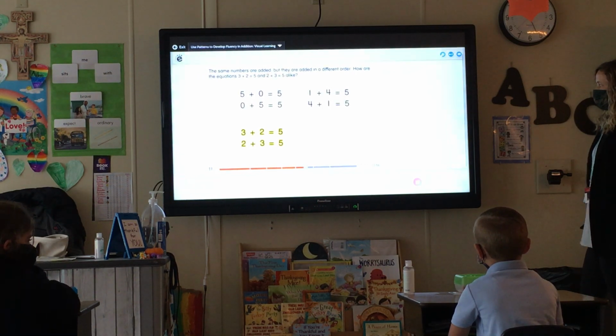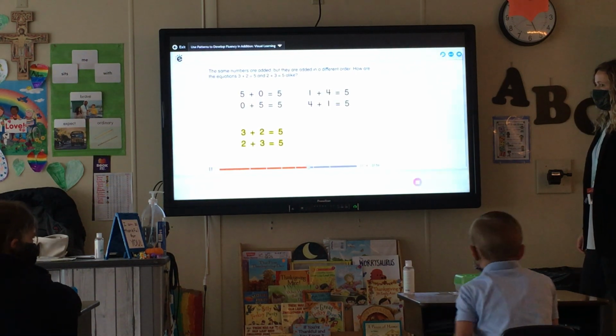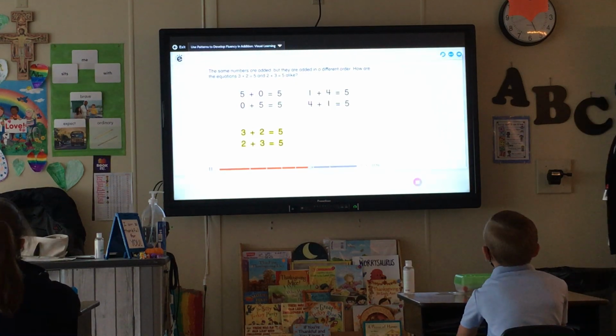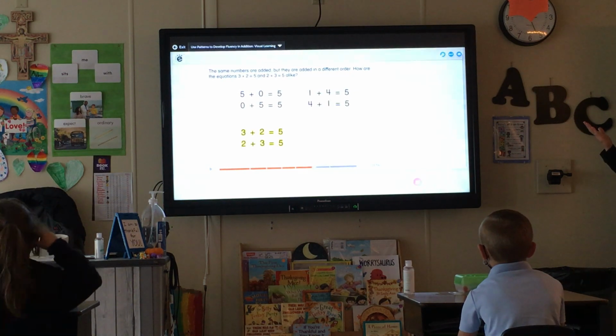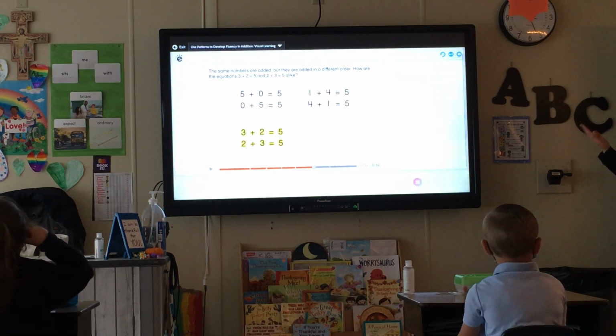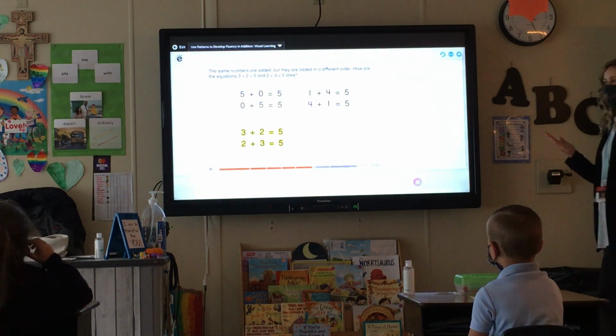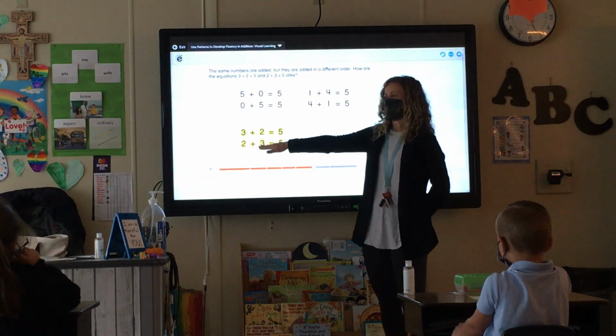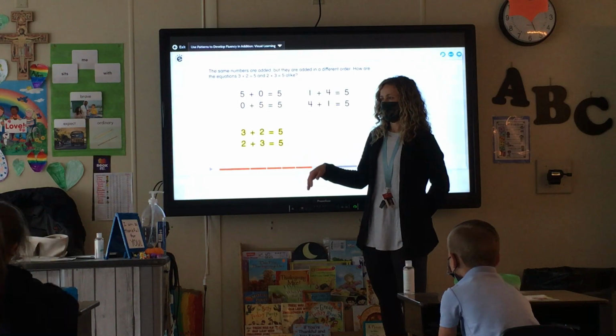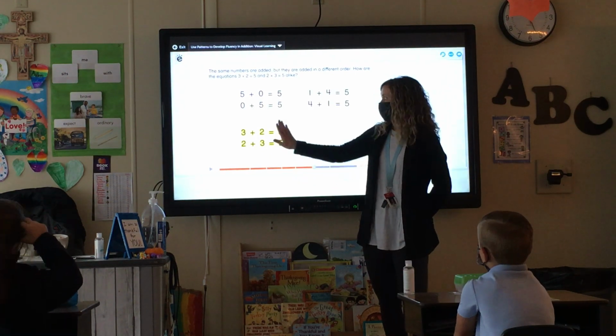How are the equations 3 plus 2 equals 5 and 2 plus 3 equals 5 alike? We already mentioned it, right? How are they alike? Because we're using what, Dean? Because we're using numbers. Okay, but what numbers? 3, 3, 2, 2. 3 plus 2.